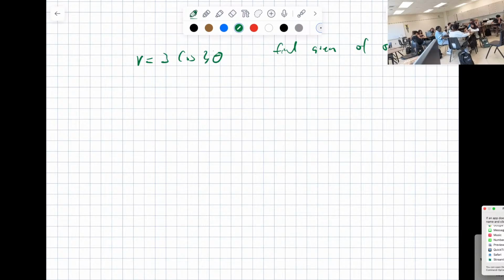You just said 3 cosine 3 theta for your bounds. Okay, if you did it right, you should get 2.35. Is that right? I can definitely do it this way. Yeah, but you have to know how to use it. Oh yeah, you're right.